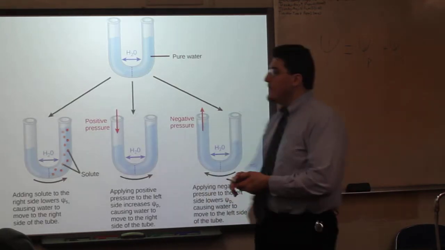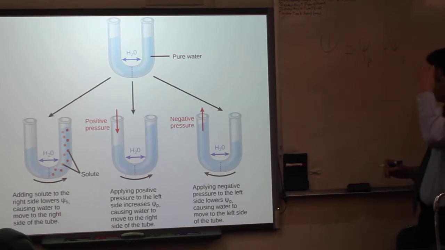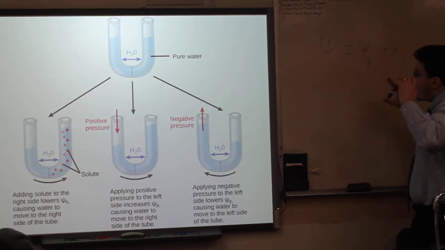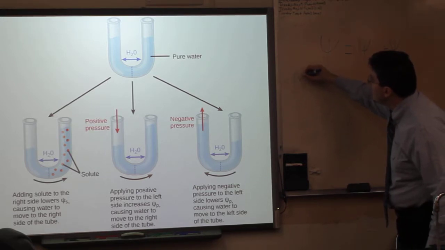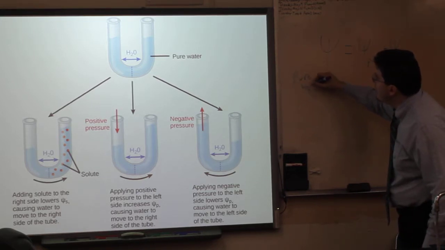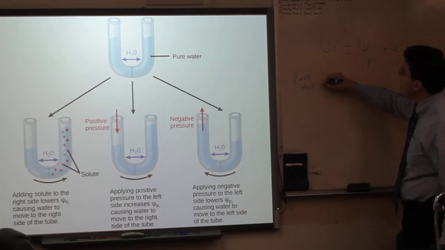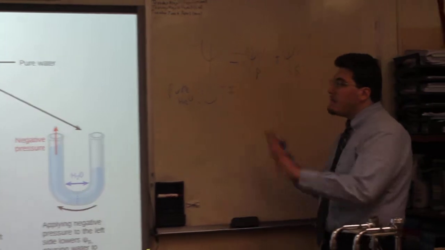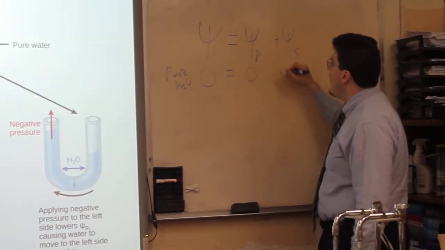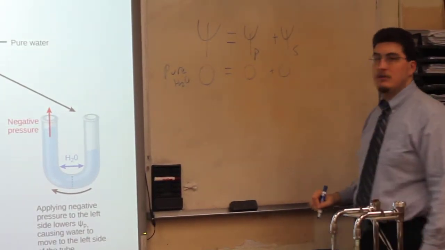But let's take a look at what's going to happen here. Let's see how this is affected. Pure water has a water potential of 0. It has no solute. So the solute concentration in pure water, pure H2O, is going to have a water potential of 0 because we're not going to put any pressure on this water and there is no solute in it.